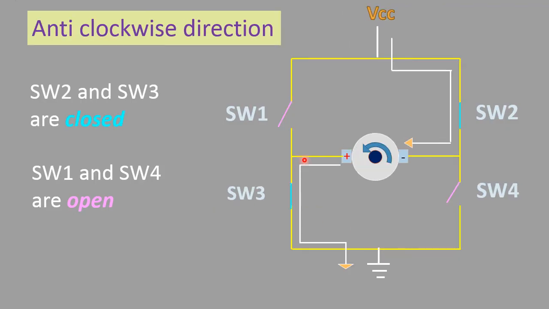Here switch 2 and switch 3 are closed while switch 1 and switch 4 are kept open. This will reverse the polarity, that is positive terminal gets grounded and negative terminal gets supply voltage. These connections will start moving the motor in anti-clockwise direction. Thus, the concept of H bridge allows us to change direction of motor using the switching action.